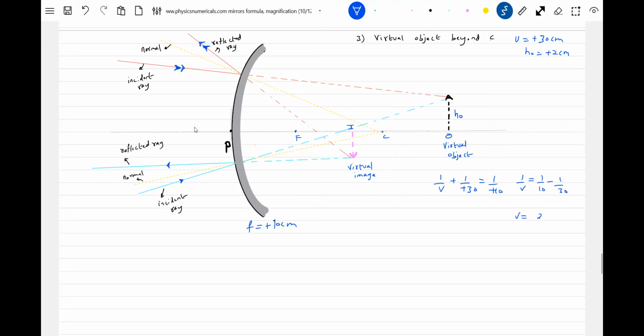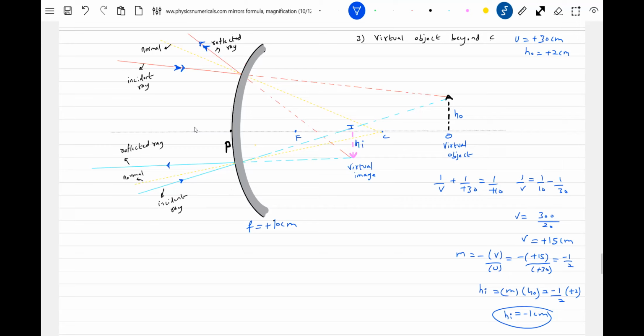V is equal to 300 by 20, or plus 15 centimeter. Magnification, so height of the image, minus 1 centimeter.